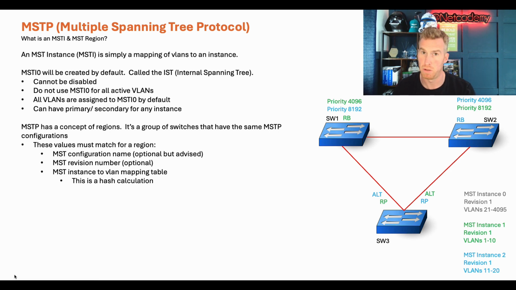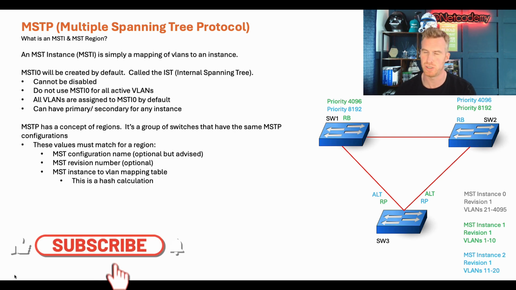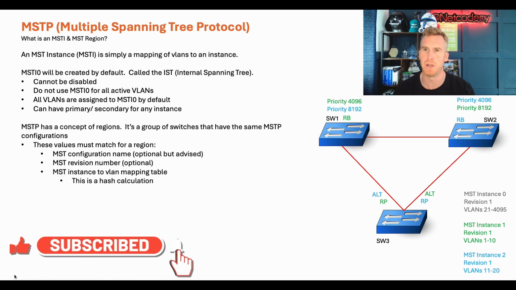So whether you have the default instance, IST, or MSTI0, or you've got 3 instances, as I'm showing here, if all switches in that layer 2 network domain have the same configuration, then they're going to be recognized as being in the same region. Any switches that do not have that same configuration are going to be recognized as being in different regions. And this is a really cool thing, and we're going to build on this.